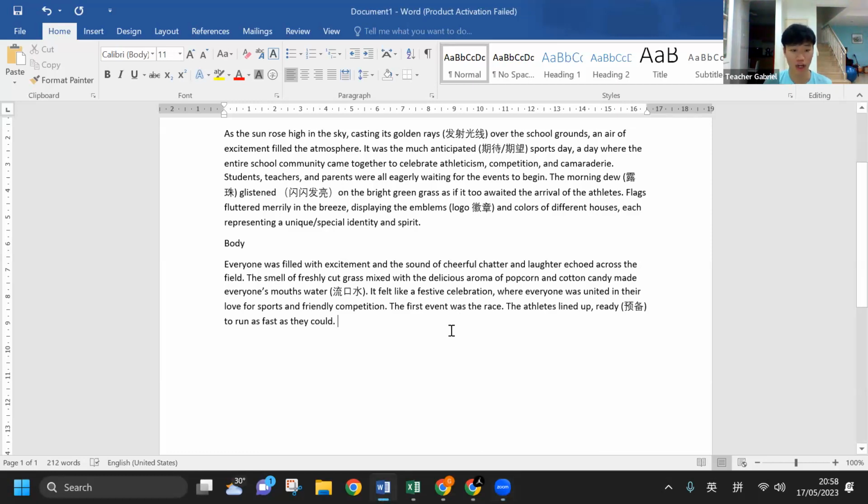Okay, so yeah, they're ready to run as fast as they could to win the gold medal for their house, right? Yeah, okay, so when the signal was given, they sprinted down the track with much determination.